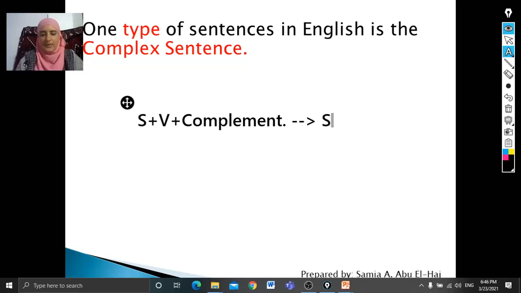Okay, in simple sentences we only have one verb, just one verb and one subject. Now sometimes we can connect two sentences together, so we can have two subjects and two verbs.